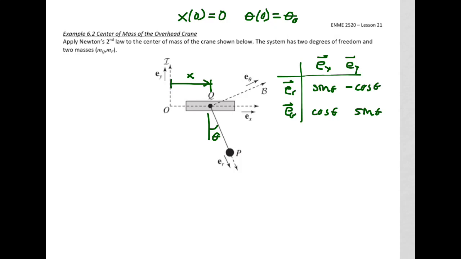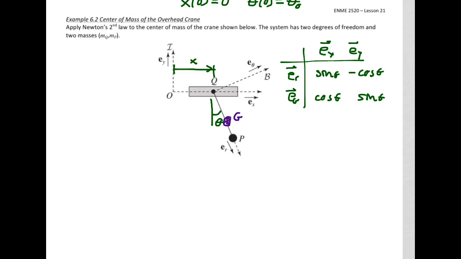And what we're going to do is solve for the motion of this system using the center of mass. And the center of mass between these two particles is located somewhere about, say right there. There's our center of mass. We're going to call that point G.